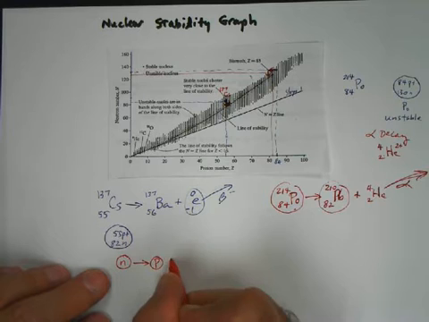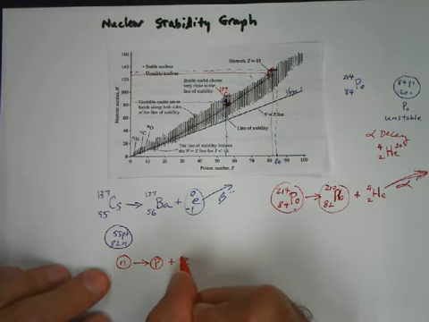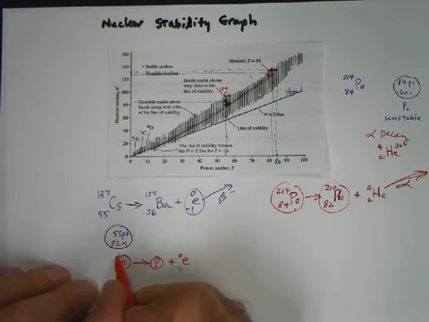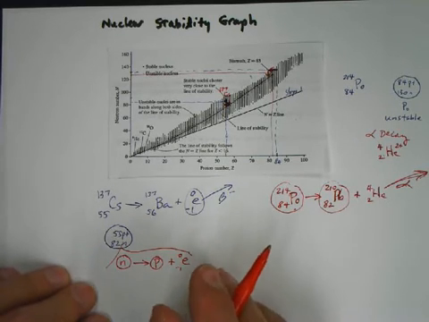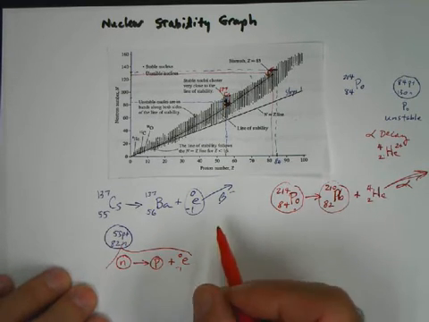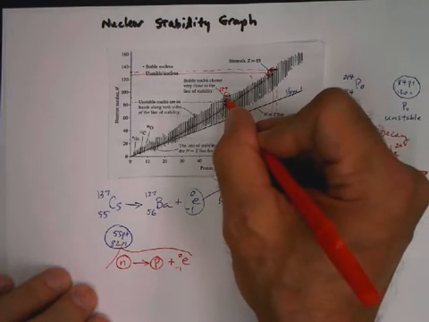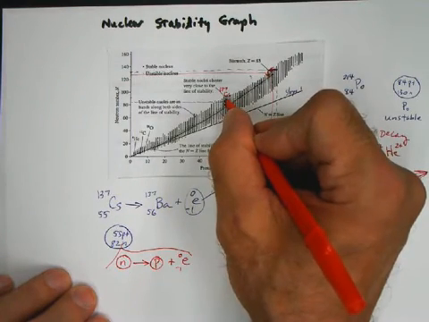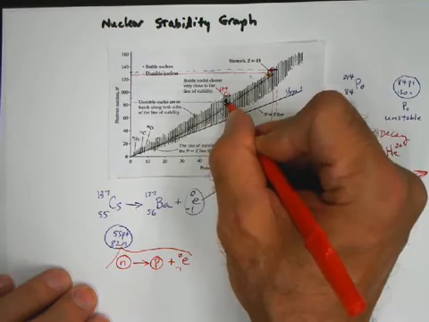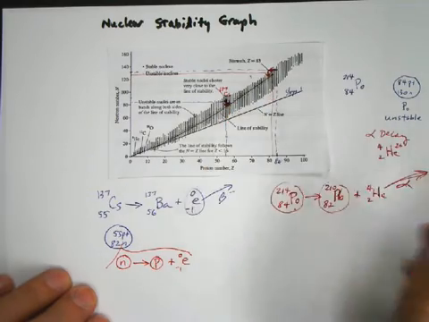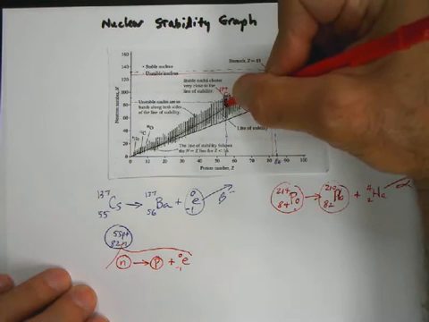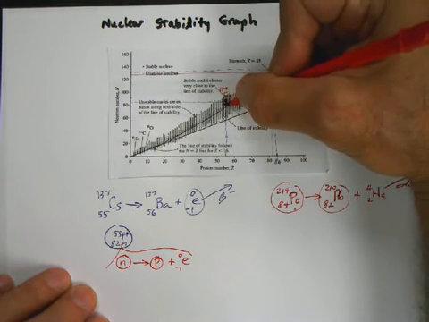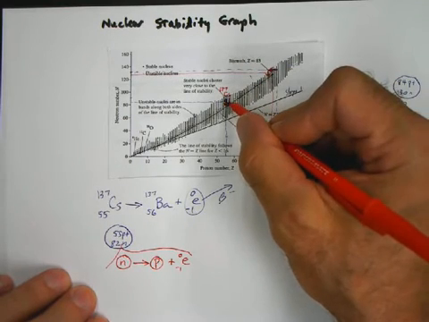So this is what's happening inside that cesium-137. Instead of having an extra neutron there, it reduces its number of neutrons by 1 and increases the number of protons. So really, the process is resulting in a daughter nucleus that's over into this area right here. So that's how that works.